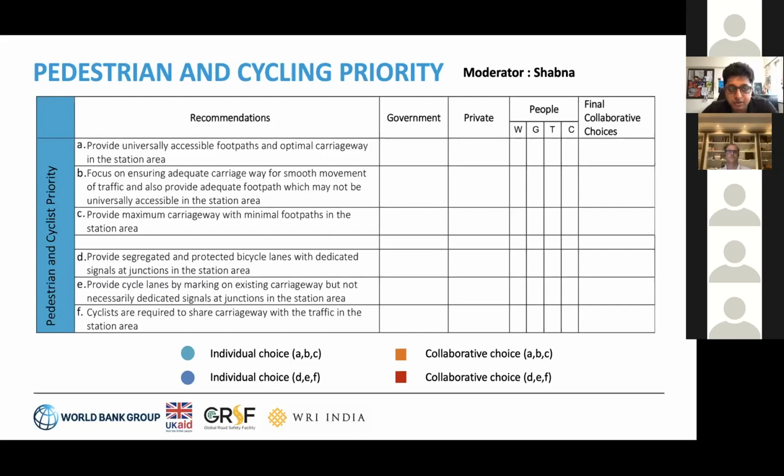I'm just trying to set the context here, because that's the kind of challenge cyclists face. And finally, we have F, where cyclists are required to share their carriageway with traffic, which means that there is no dedicated cycle lane marking, but there is enough space for everyone to move, including the cars and the buses and everything. Yeah, so that explains it.